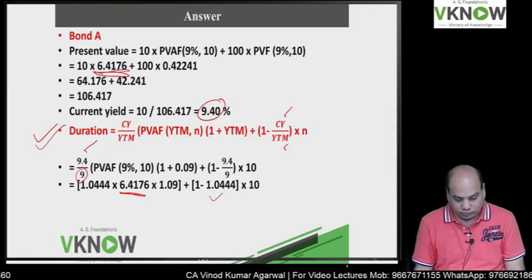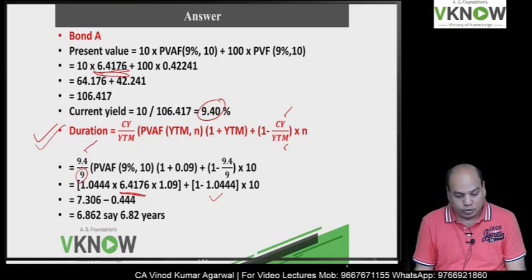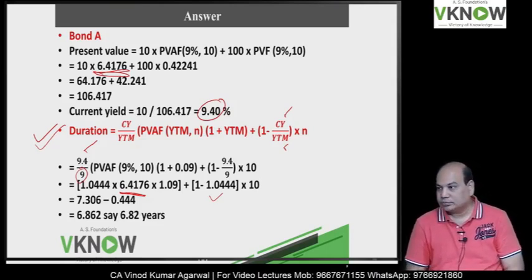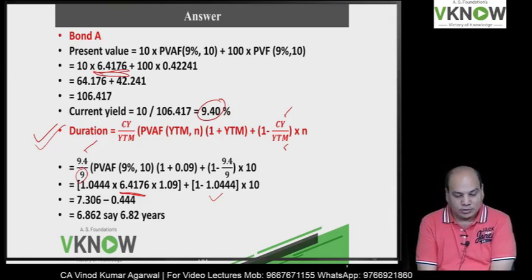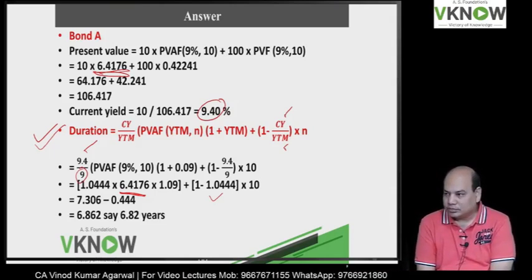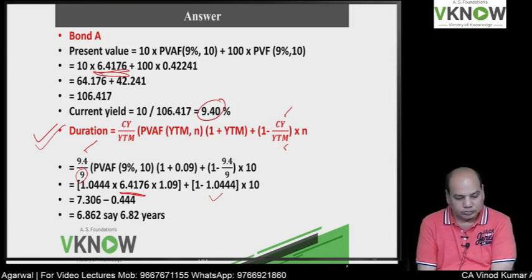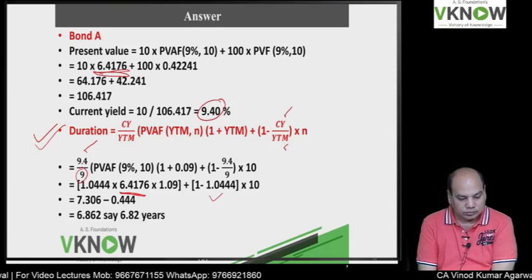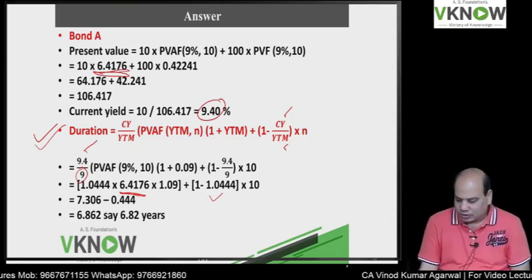So that gives me the final answer, 6.82 years. Okay. If suppose you find this is difficult, then you can follow the earlier method, summation PV into year upon summation PV. Both will give you the same answer. Is the answer right? 6.82 years. Okay. Say yes or no.